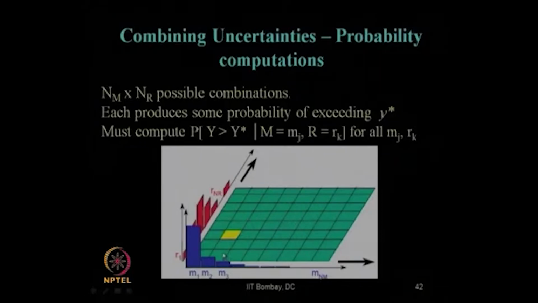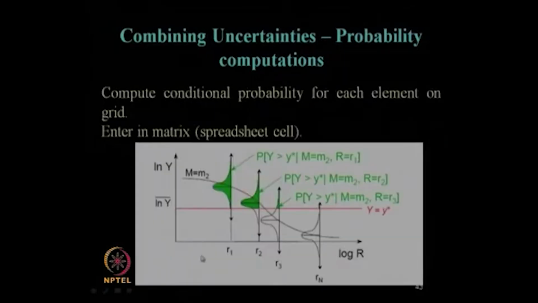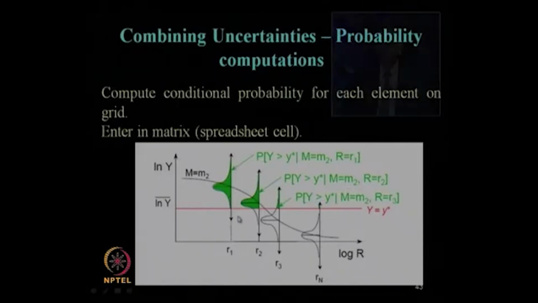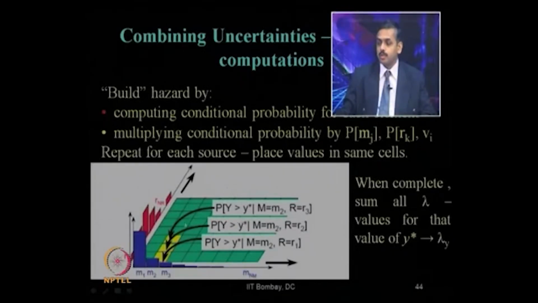In the numerical integration, similarly, you can do it the other way. For a particular r, you can do it for various m. For a given r, you will now have different attenuation relationships: m equals m2, m equals m1, m equals m3, up to m equals mm, and for each of them you will have a probability distribution function. That also you need to consider.